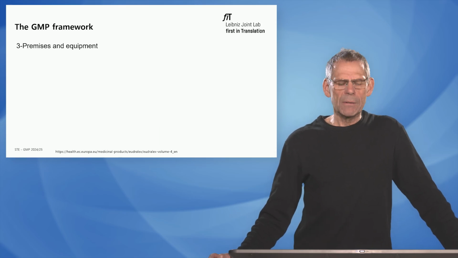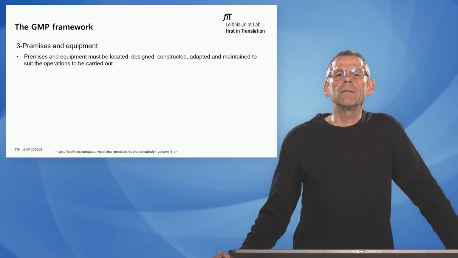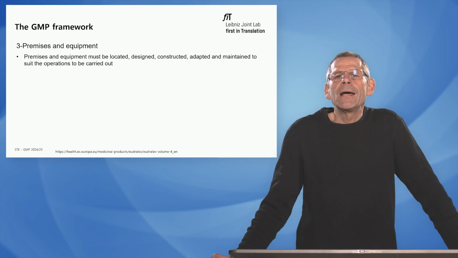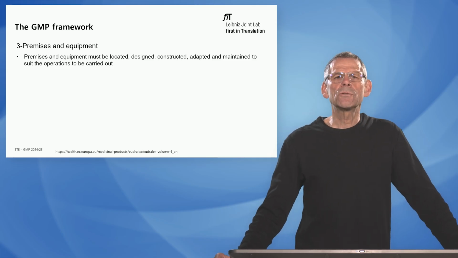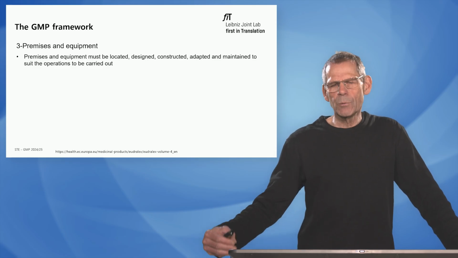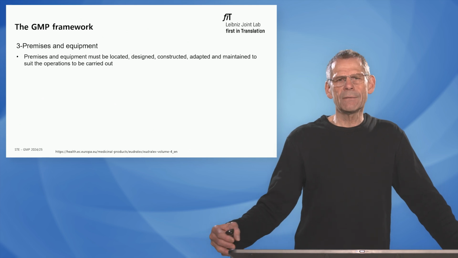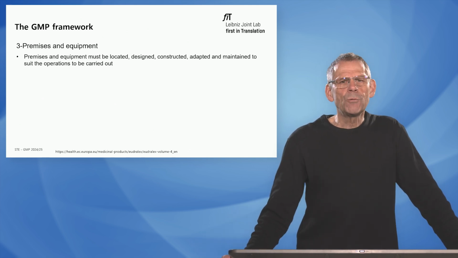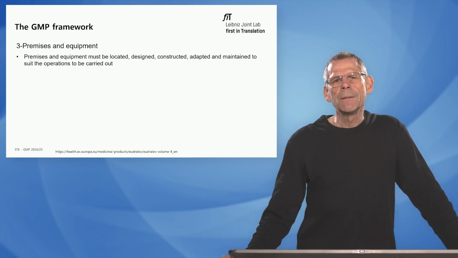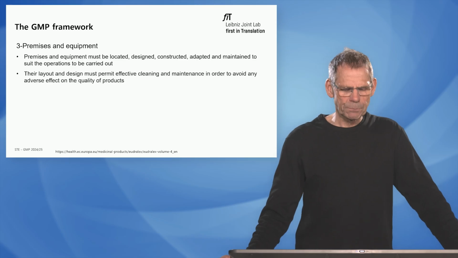Besides this, we have the premises and the equipment. The premises and the equipment must be located, designed, constructed, adapted and maintained to suit the operations they should carry out. Which means whatever we bring into a manufacturing process in the premises as equipment needs to be validated, qualified for the purpose it is used, and needs to be installed in the GMP premises.